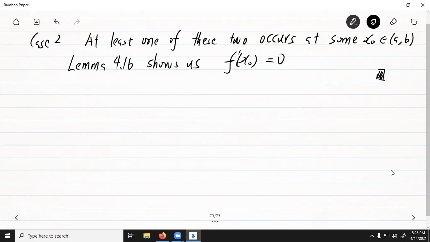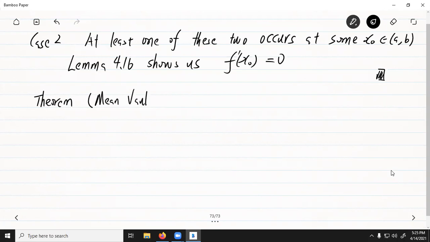Okay, so now let's look at the mean value theorem. Actually the Rolle theorem is the special case of the mean value theorem, but here we need to use the Rolle theorem to prove the mean value theorem.